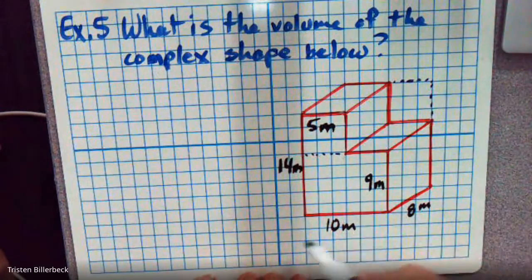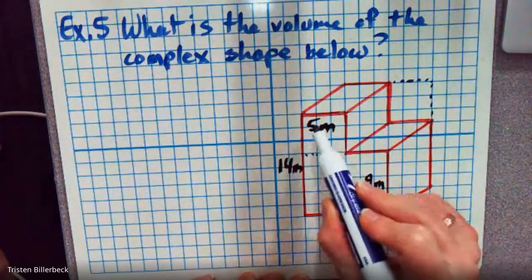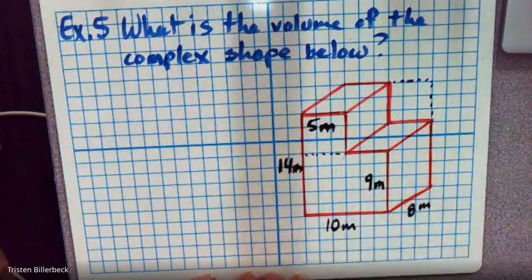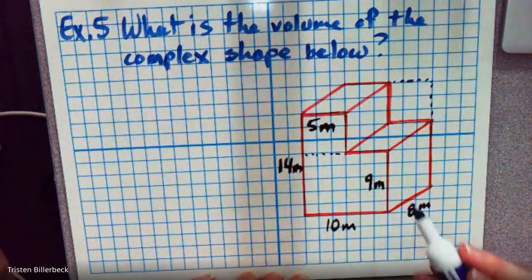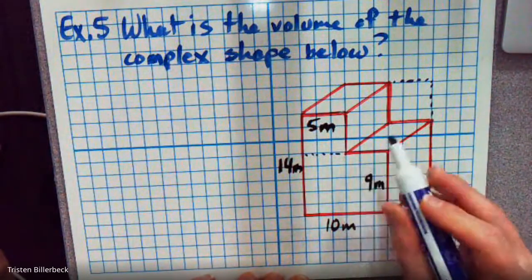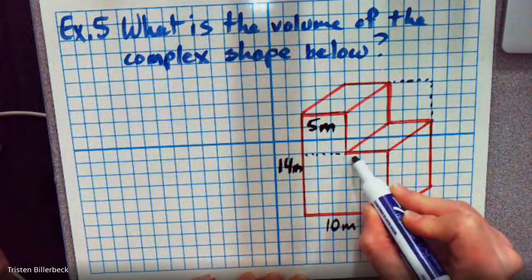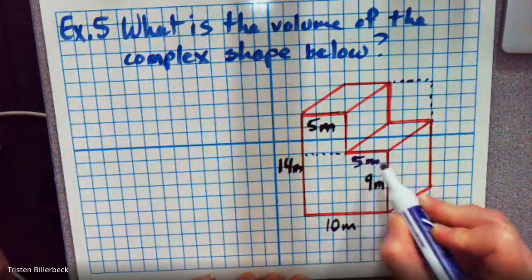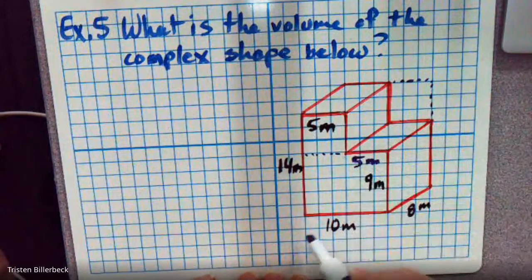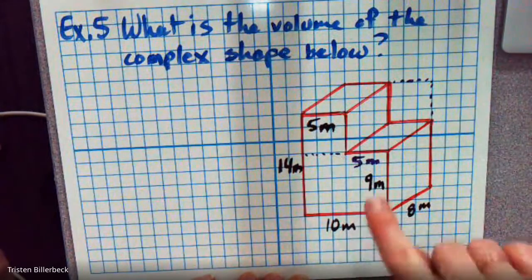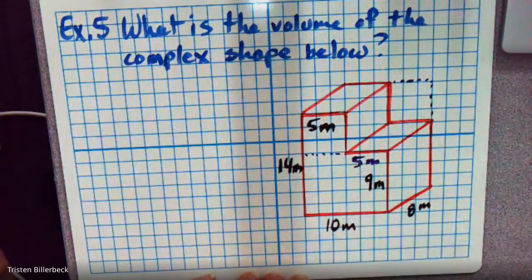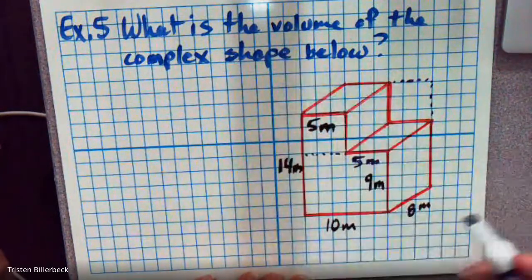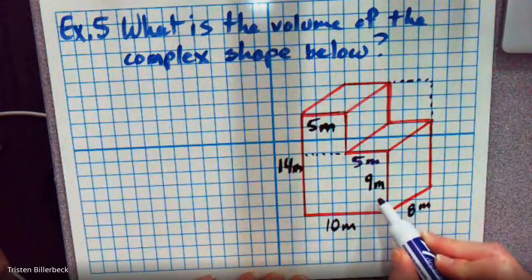So if this length is 10 and this length is 5, what is 10 minus 5? So this length is 10 minus 5, which happens to be 5 meters. So 5 plus 5 equals 10. So we wouldn't write this because that's considered double dimensioning. Right, in the same way, this length is 14 and this is 9.